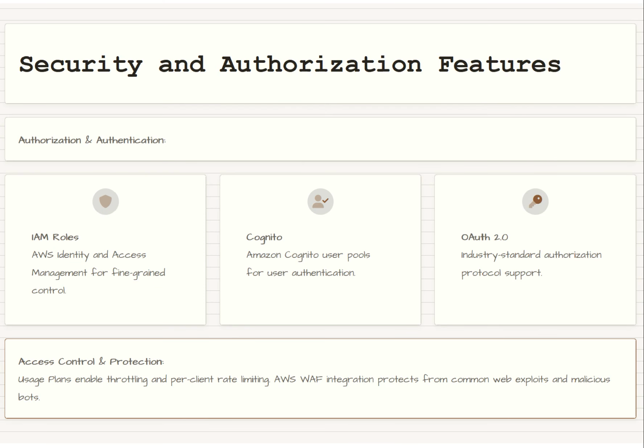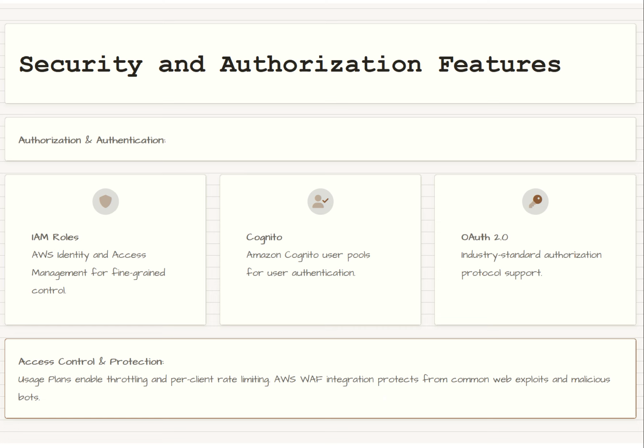The other features are security and authorization. We discussed what authentication and authorization are. Authentication is identifying the user, and authorization is, once you identify the user, what that user can do and what resources they can access. That's the difference between the two. For this, there's Identity and Access Management for fine-grained control.